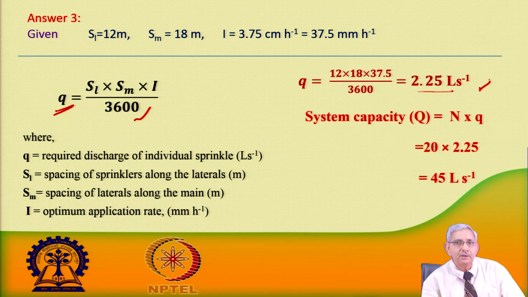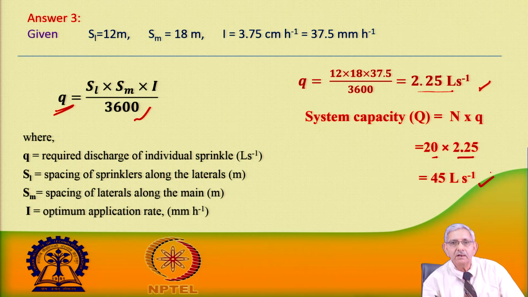So, the total system capacity will be N into Q. So, this is 20 multiplied by 2.25. So, system capacity becomes 45 liter per second.